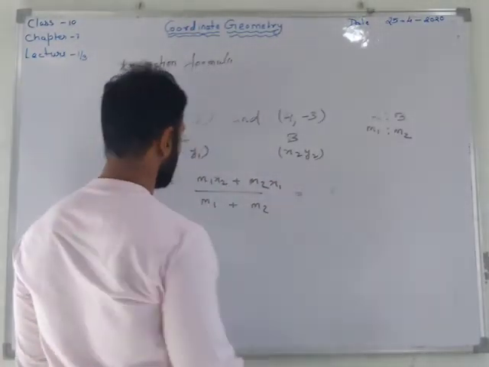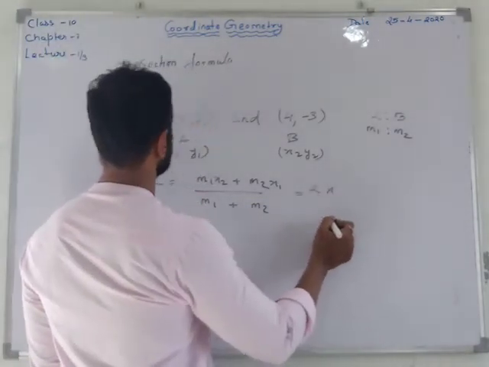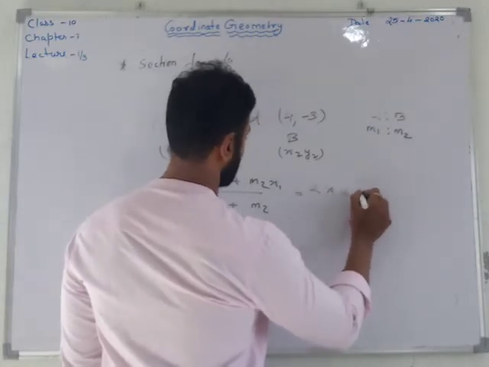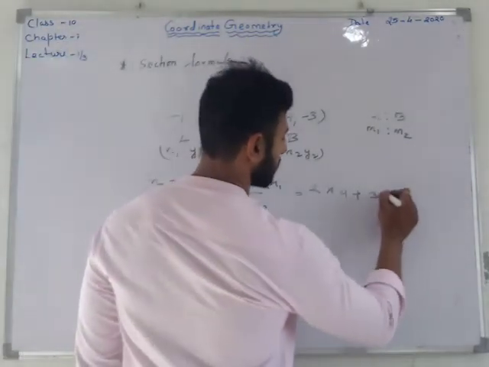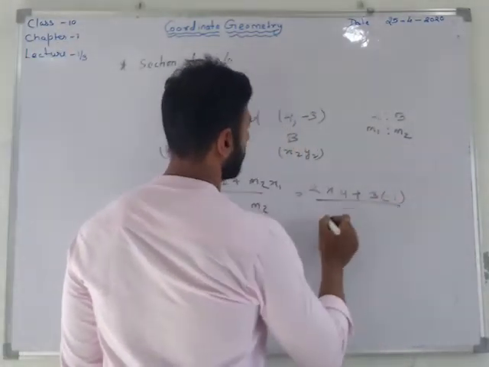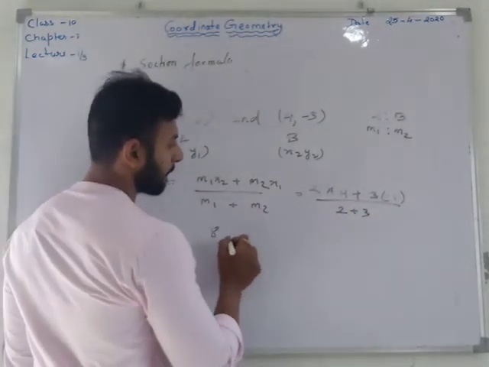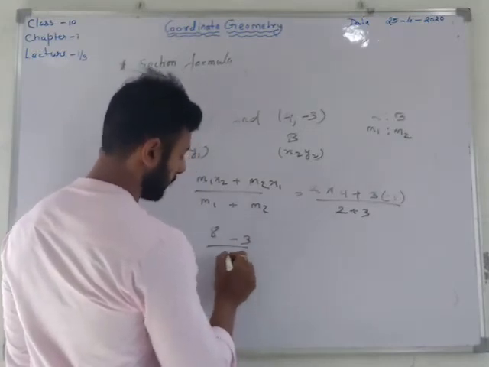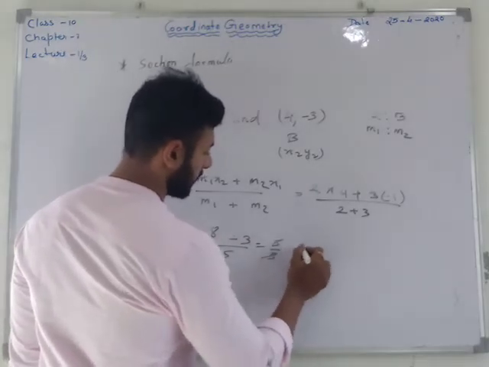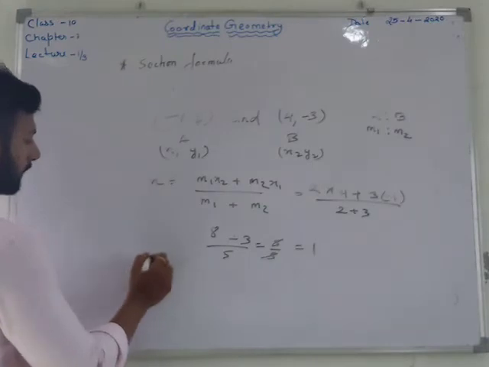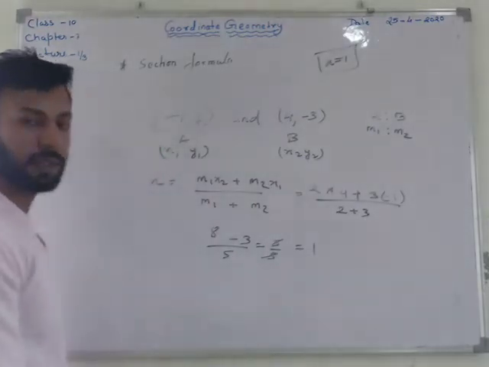Substituting the values, m1 is 2, x2 is 4, plus m2 is 3, x1 is minus 1, upon 2 plus 3. 2 times 4 is 8, minus 3, upon 5. So 5 by 5 cancels out, it will be 1. So the value of x is 1 by the section formula.